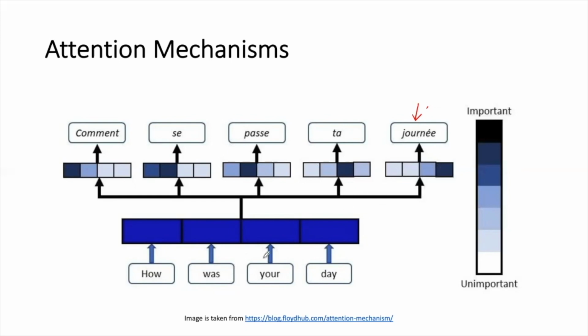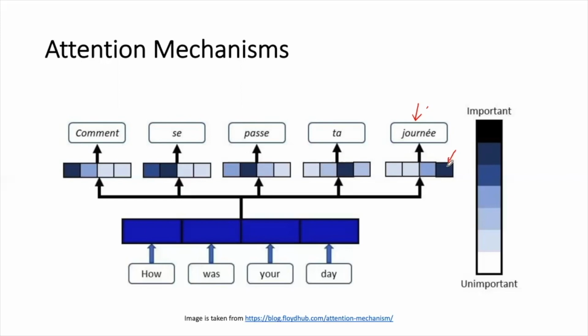So we have 4 scores here, and the scores need to sum up to 1, like a probability distribution. These scores indicate the importance of the input words. To generate the word journey, which corresponds to the word day in English, we need to pay more attention to the word day. So this weight is supposed to be higher.